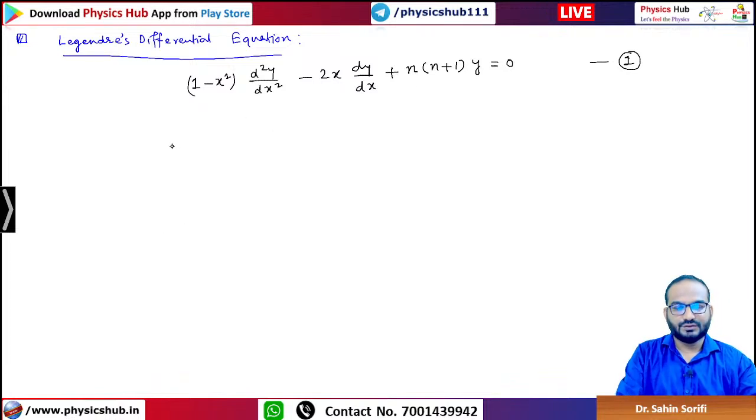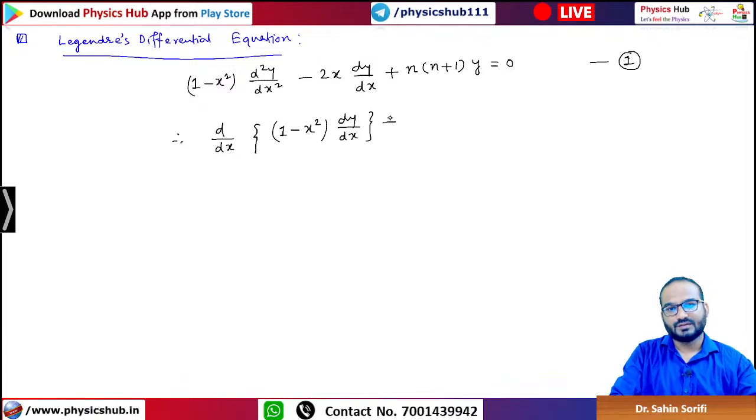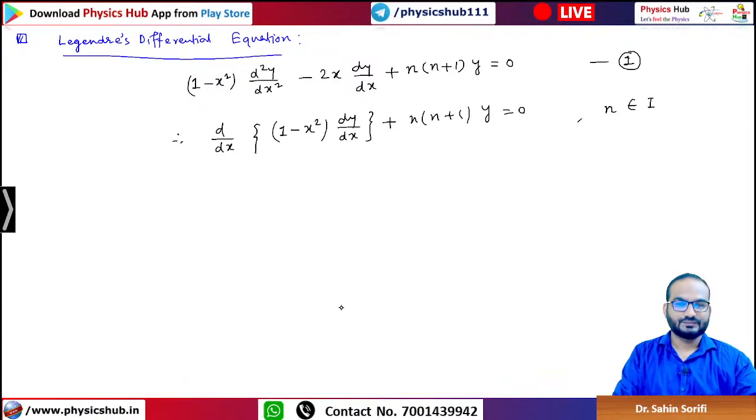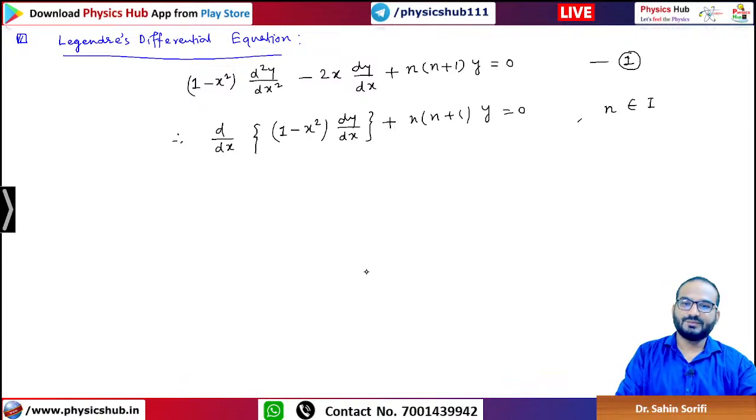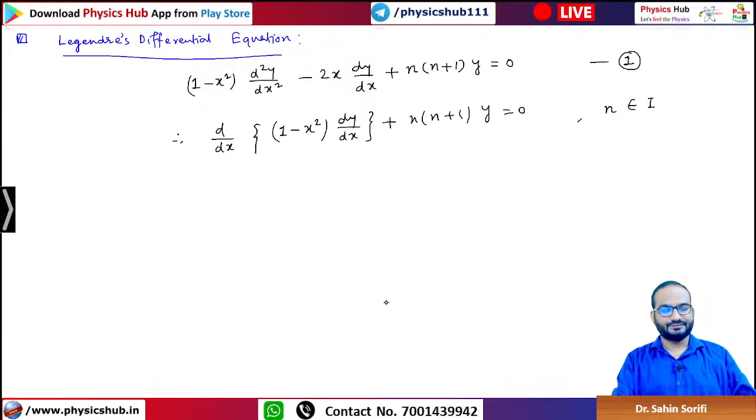You can also write this equation in this form: d by dx of (1 minus x square) times dy by dx, plus n into (n plus 1) y equals to 0. This n becomes a part of the integer. It may be 1, 2, 3 and so on.